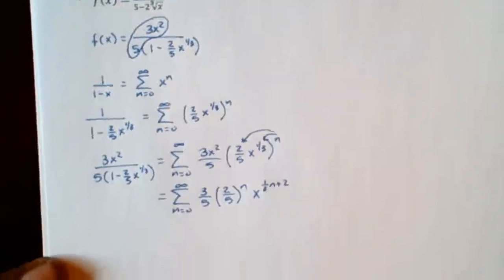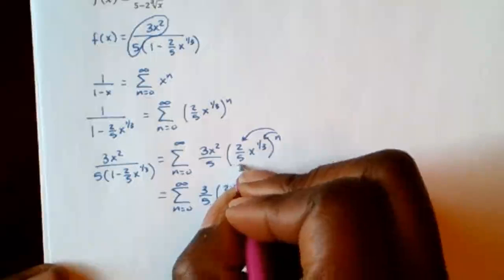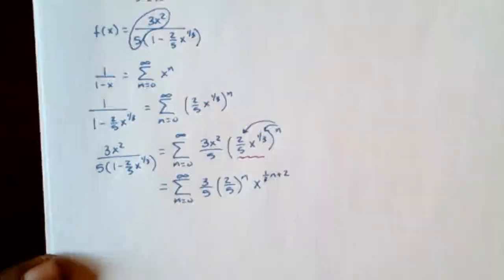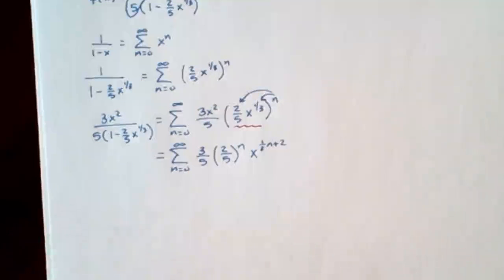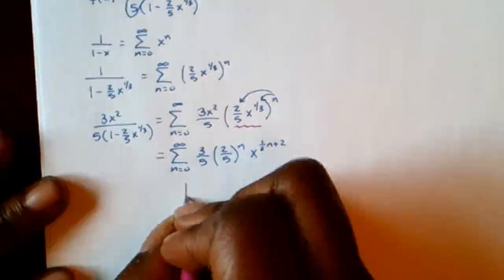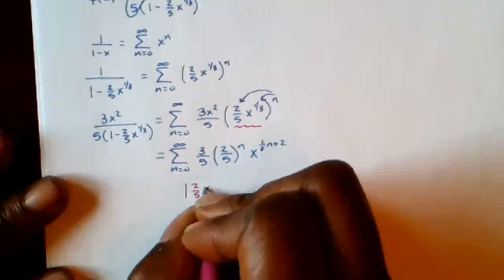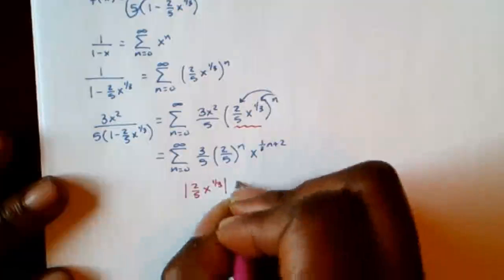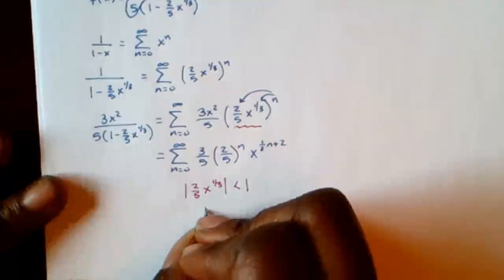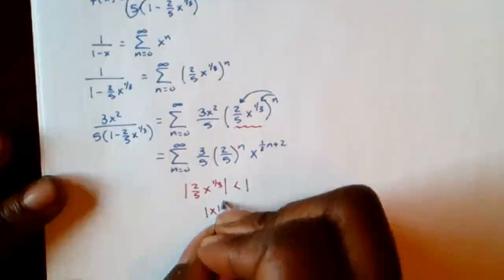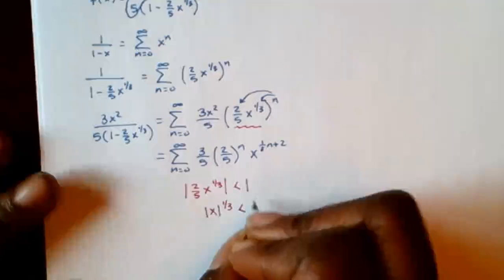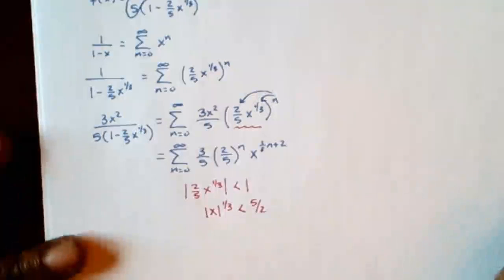So again, for interval of convergence, I'm going to take whatever was being raised to the n, which was the 2/5 x to the 1/3, and I'm going to say the absolute value of that has to be less than 1, which means that the absolute value of x to the 1/3 has to be less than 5/2.